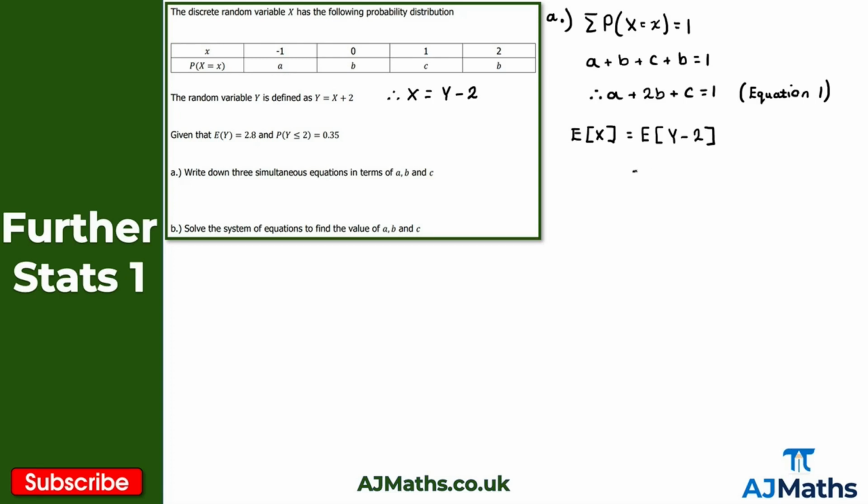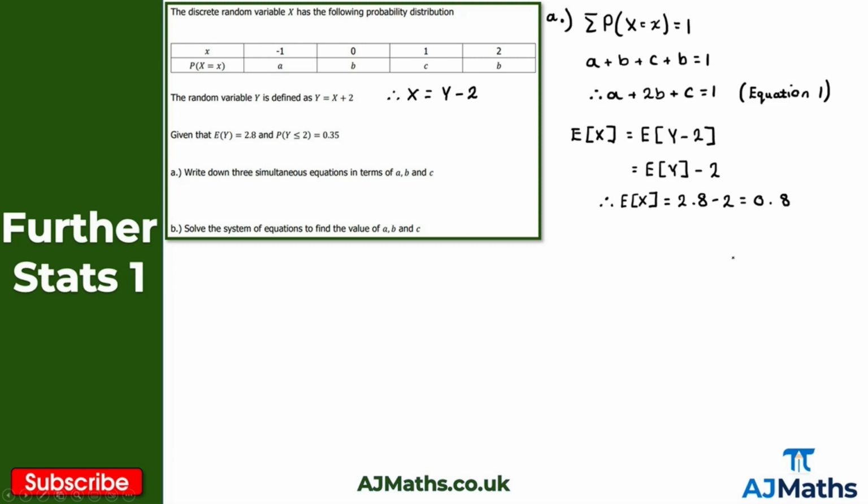So I can write this as the expectation of y minus 2, because remember, the expectation of a constant is just equal to the constant itself. And we know the expectation of y is 2.8, so the expectation of x is going to be equal to 2.8 minus 2, just replacing the expectation of y with 2.8. And if we evaluate this, this gives us 0.8.